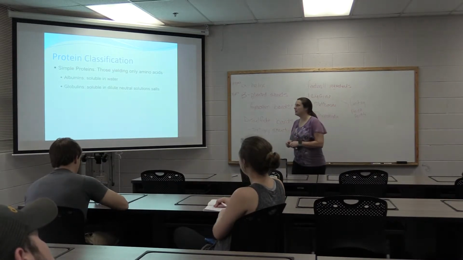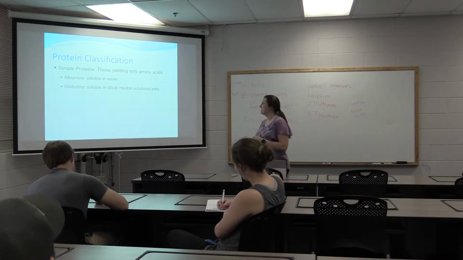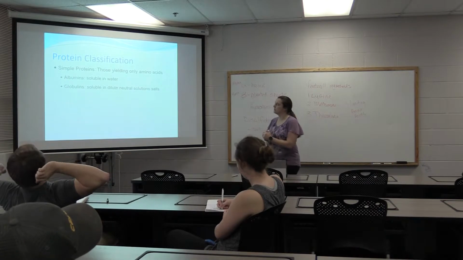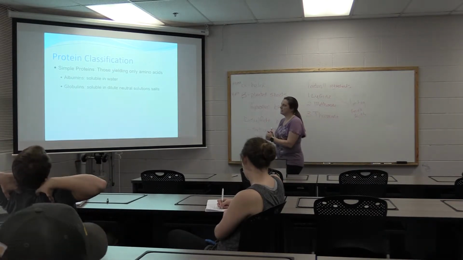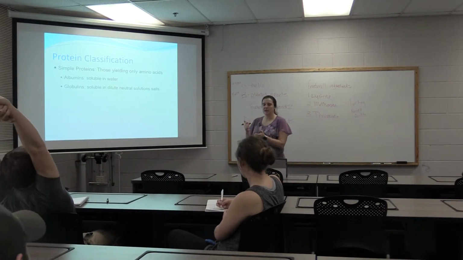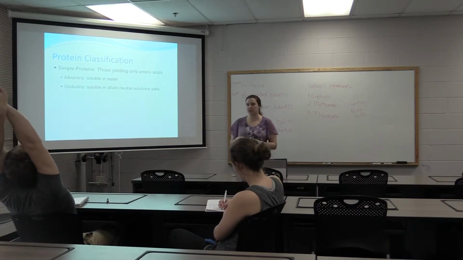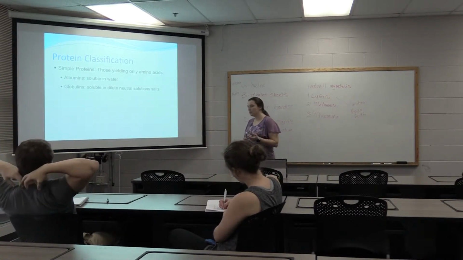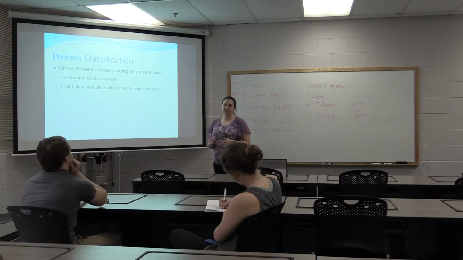So if you look at protein classifications, we have very simple proteins, those that are yielding only amino acids. Albumin is the most common protein that you're going to find in your blood. It's soluble in water. It carries a lot of your other nutrients.